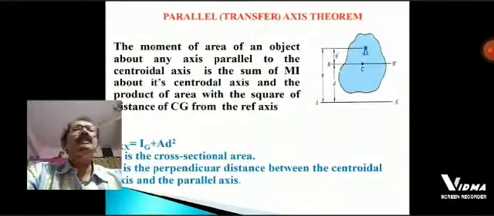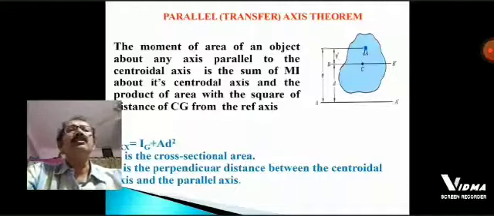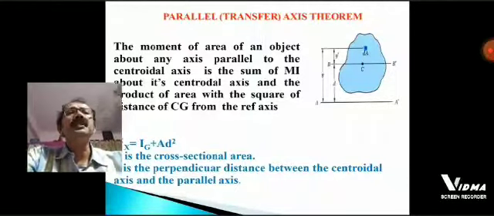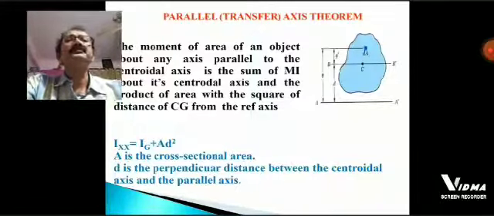Now the parallel or transfer axis theorem. The moment of inertia of an object about any axis parallel to the centroidal axis is the sum of the moment of inertia about its centroidal axis and the product of area with the square of the distance of CG from the reference axis.